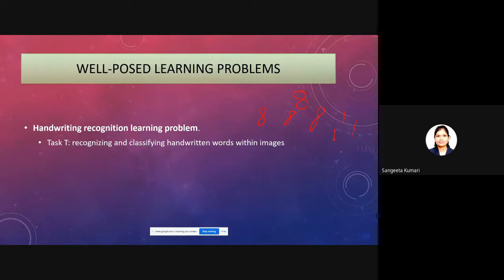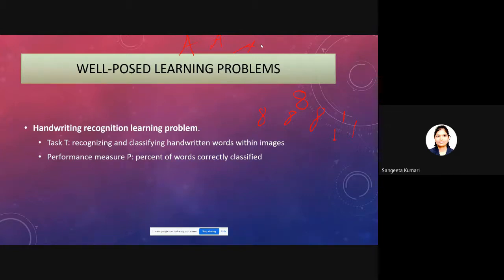So recognizing and classifying handwritten words. I'm just talking here about digits. Similarly, someone writes an 'a' like this, an 'a' like this, right? Everyone writes differently, isn't it? So the task here is recognizing and classifying them. So this is a classification problem.